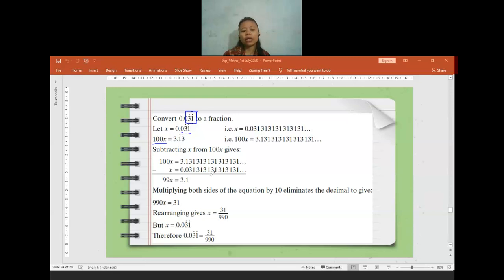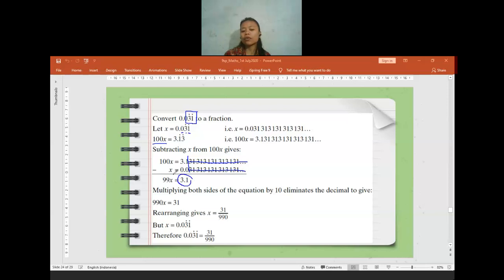After that, as you can see, let us cancel all the same decimals. This is the same, we can cancel them out. This is the same, we can cancel them out. So what is left is only 3.1 minus 0.0. So the answer will be 3.1.